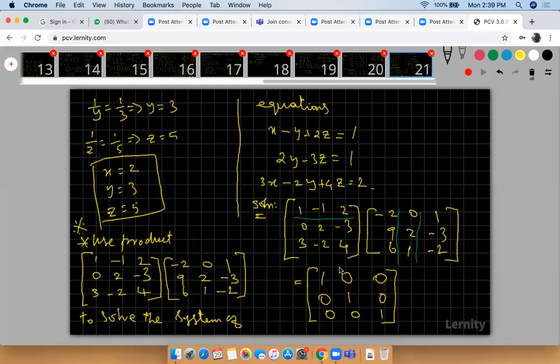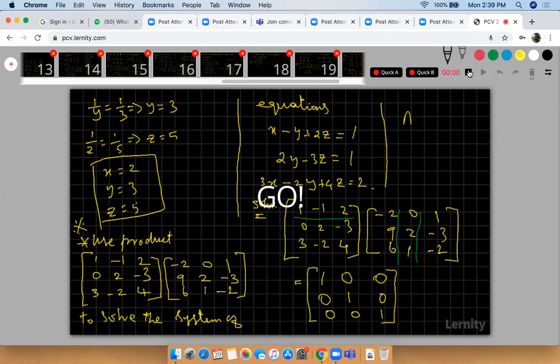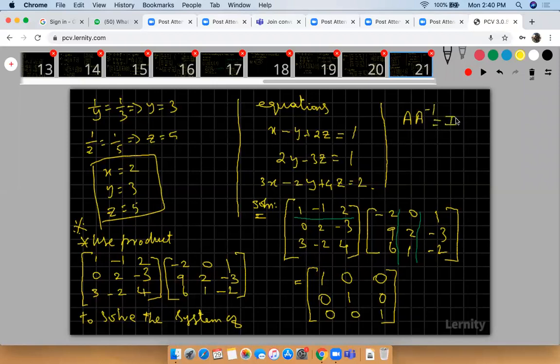Please note that if the two matrix multiplications are identity, A into A inverse is equal to identity, as well as A inverse into A is also identity.